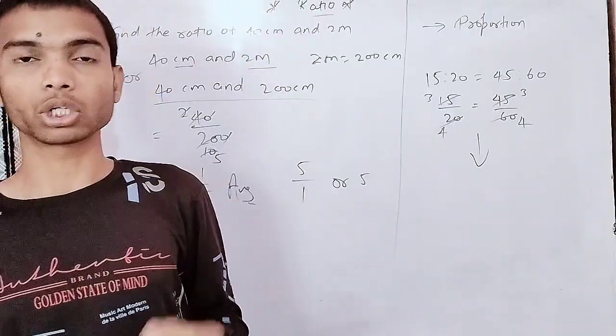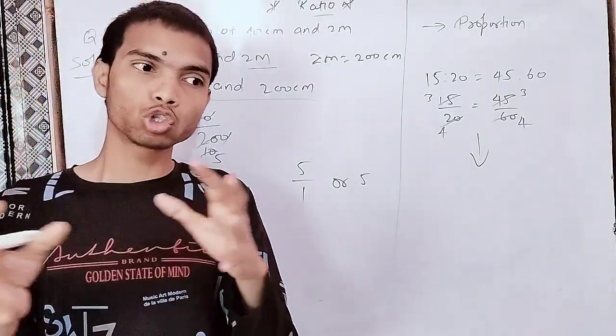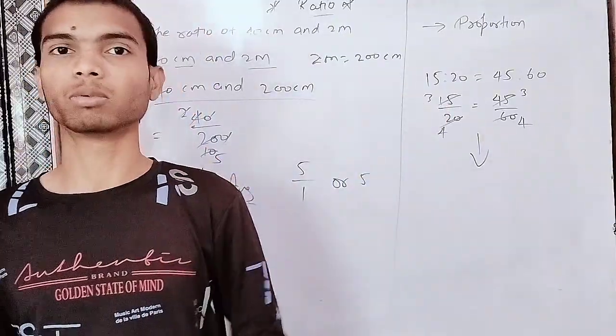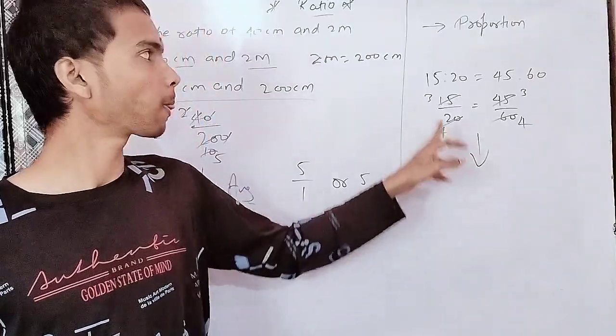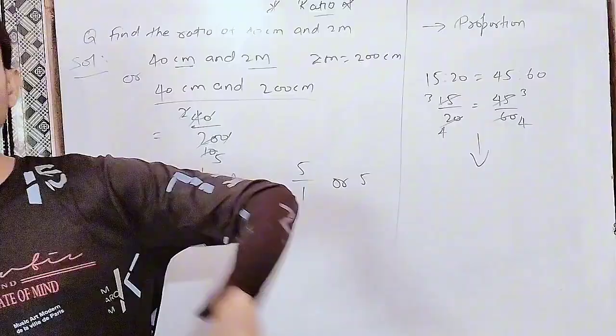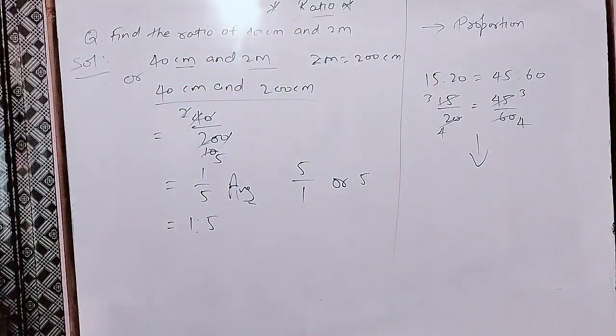If a ratio can be simplified further, then after simplifying we get the lowest form ratio. This is in lowest form. This is not in lowest form. This is in lowest form. 3 by 4 is in lowest form. Okay, this was the meaning of a proportion.